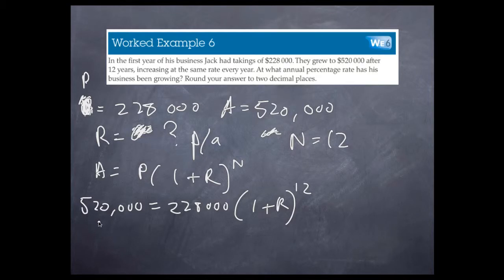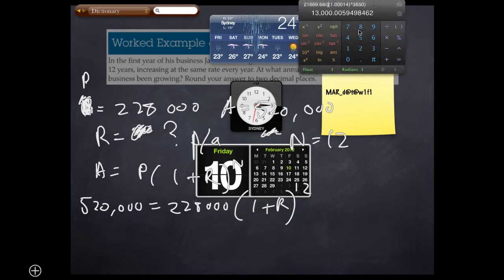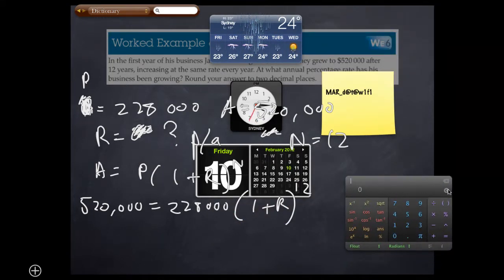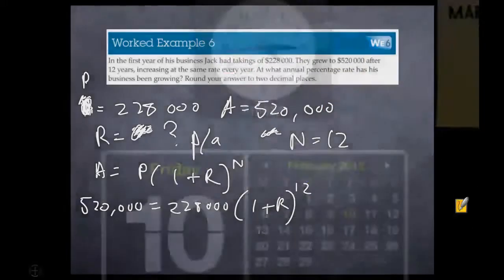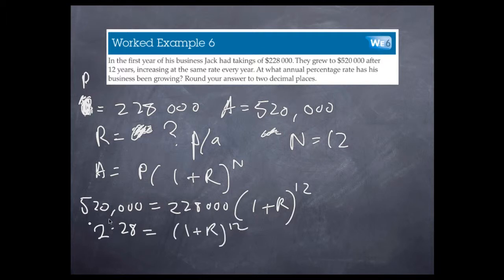Now let's work this out. 520,000 divided by 228,000 gives us about 2.28. So we have 2.28 is equal to (1 plus r) to the power of 12.